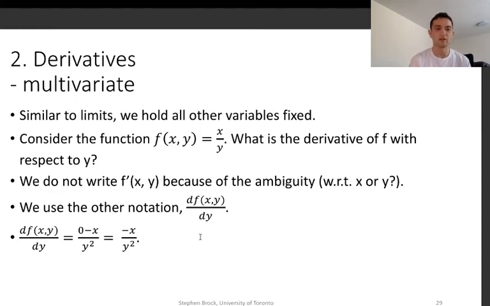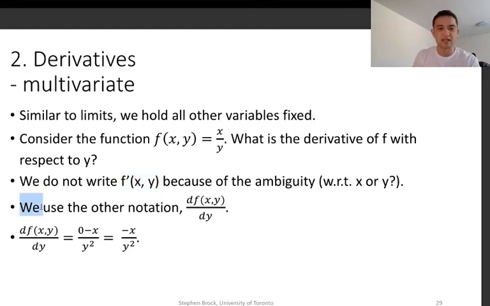All right, so the multivariate case is very similar to a limit. We just hold all the other variables fixed and differentiate with respect to the variable that we need. So consider the function f of x, y equal to x divided by y. What is the derivative of f with respect to y? We don't write f prime of x, y because of the ambiguity. Are we taking the derivative with respect to x or y? It's not really clear.